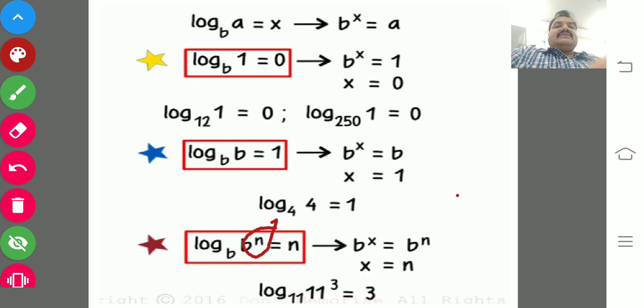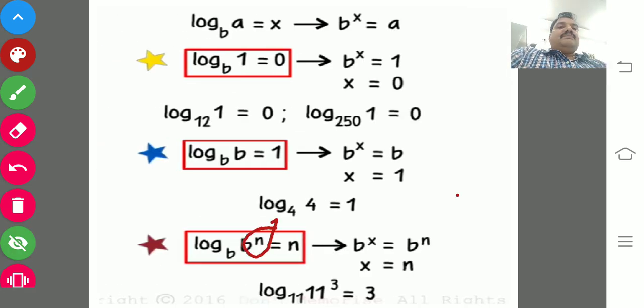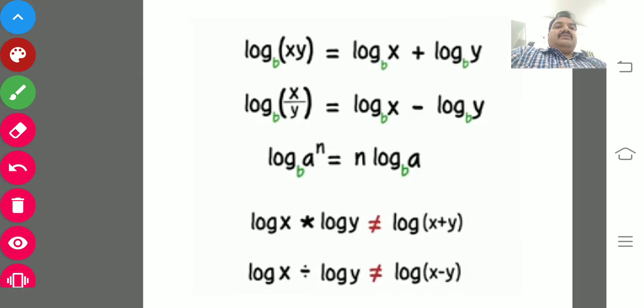The example is log 11 cube base 11 equals only the power 3, like that. Log 12 power 5 base 12 equals 5. So these are the three rules.